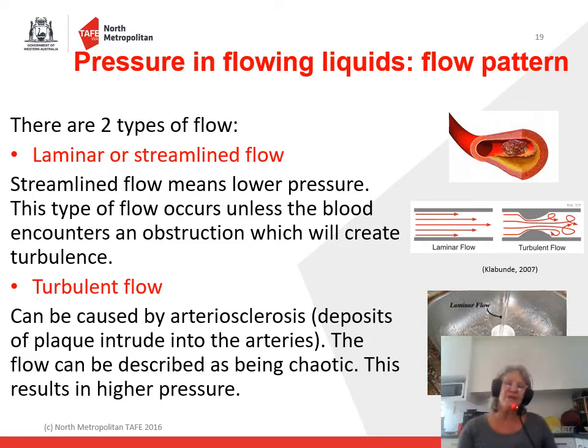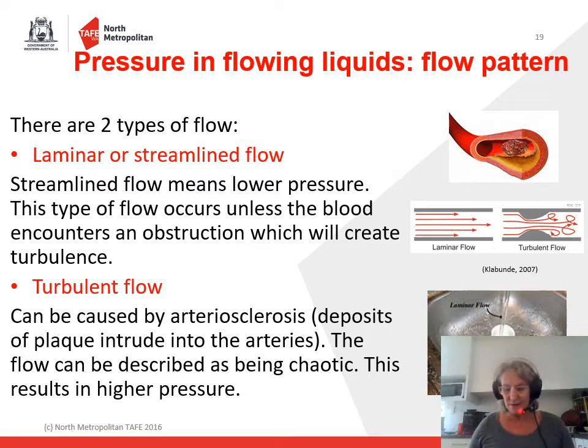Flow patterns are another thing that are going to change our pressure. So in our lymphatic system, we don't have a heart pushing that fluid back up to the heart. Instead, we have a whole lot of vacuums and one-way valves that are streamlined.